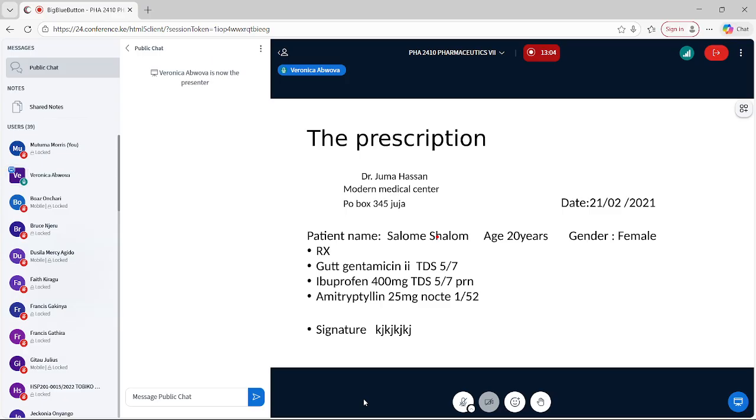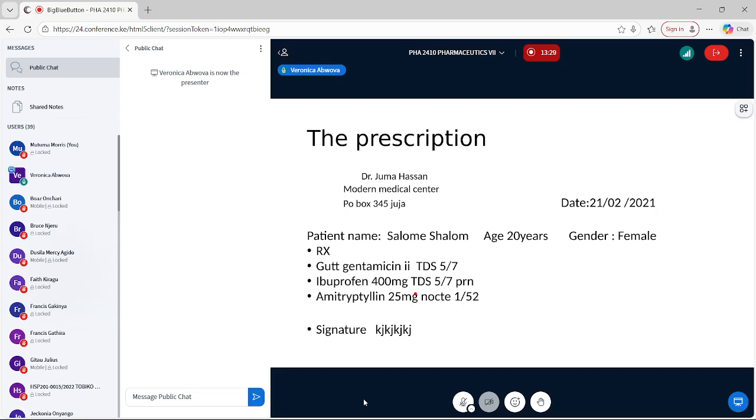You can see now the address has changed. Initially, the prescription must have the address and name of the doctor. But now when you're giving the drugs, okay, that label must have the name of the pharmacy. It should have the name of the patient, the name of the drug, and the instructions on how that drug should be used.